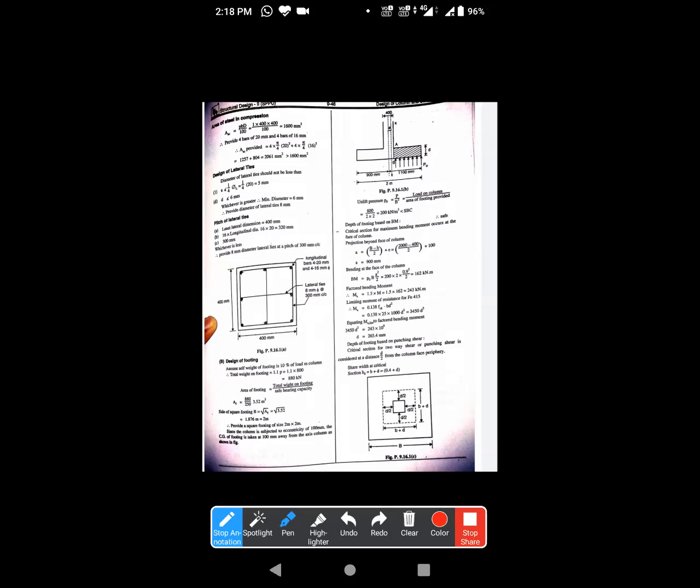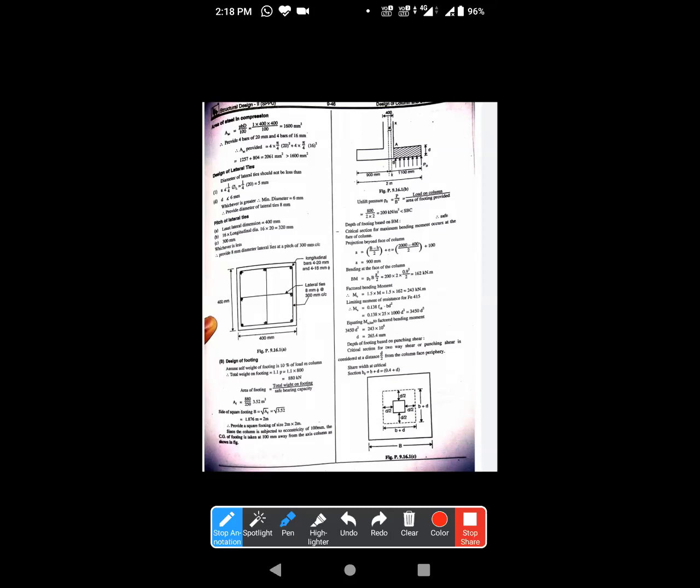Therefore the total weight of your footing is calculated, and the area is equal to load upon safe bearing capacity. The safe bearing capacity, SBC, is given to you: 880 upon 250, which is coming 3.52 meter square.